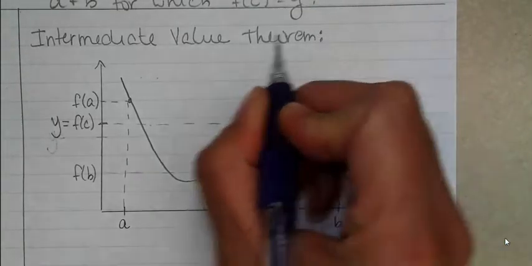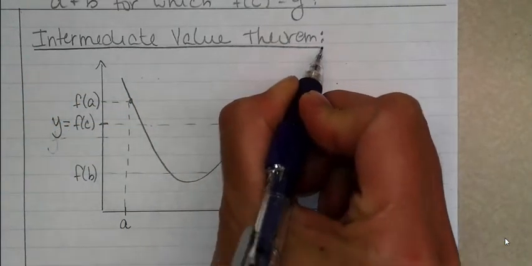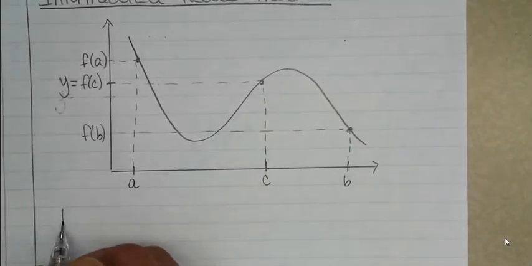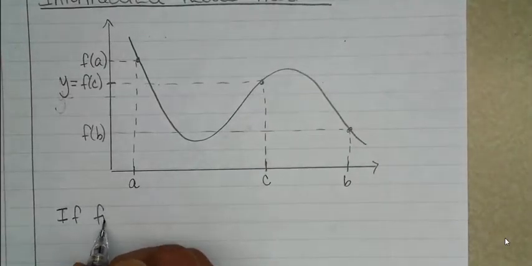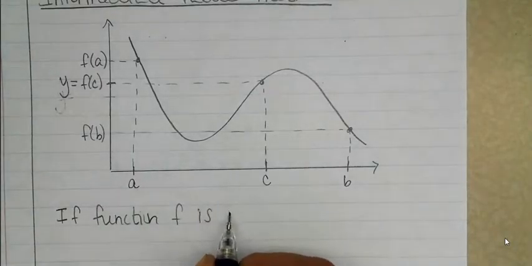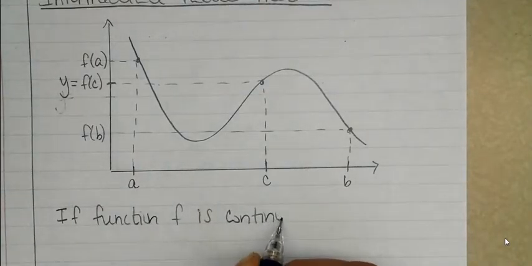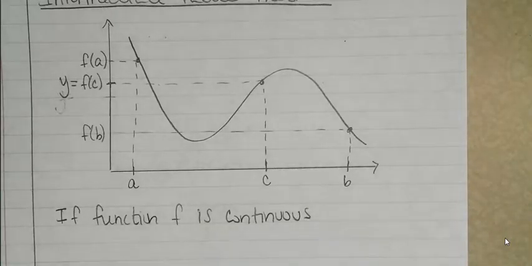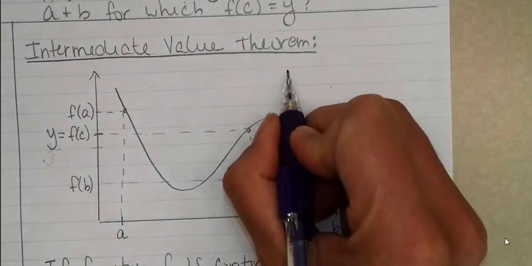And now we're going to actually give the definition. So we'll say if function f is continuous, and by the way, all polynomial functions are continuous, so you might want to put a note here.